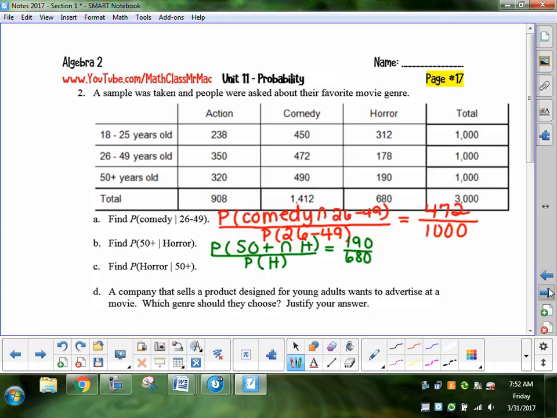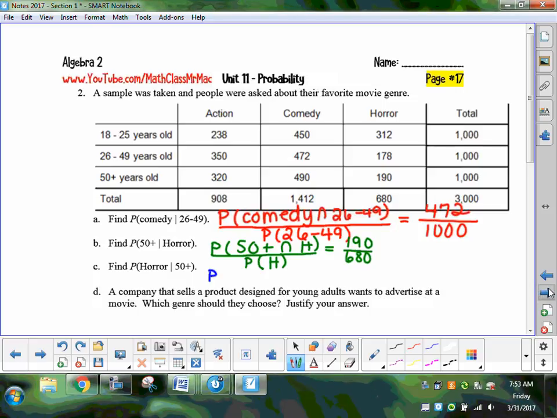Alexa, what's the numerator on this going to look like? It comes from the probability of what? Yeah, being over 50. So your numerator would be how much? 190 over what? There you go. That's 1,000.